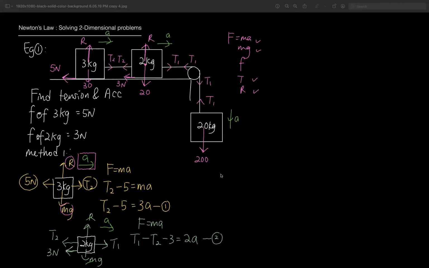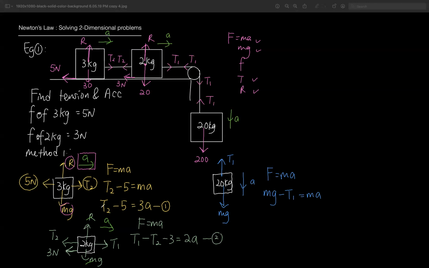Okay, number 3, the third free body diagram. 20 kg, forces T1, mg. Where is acceleration? Downward for this one, right? So F equals ma, mg minus T1 equals ma. So for each free body diagram, you derive the equation of motion.